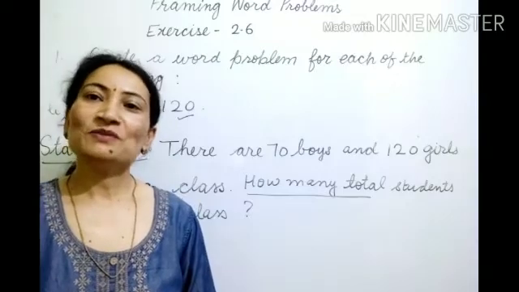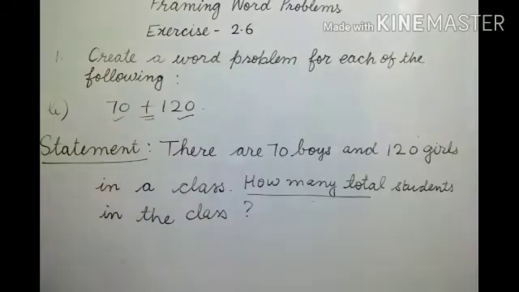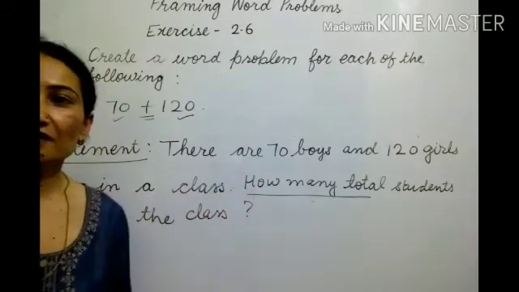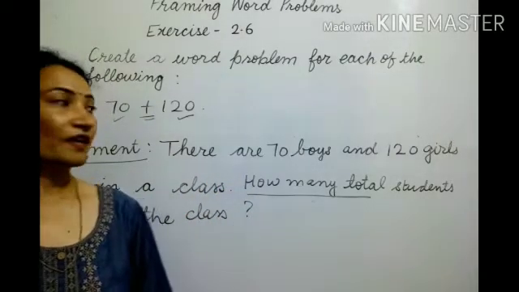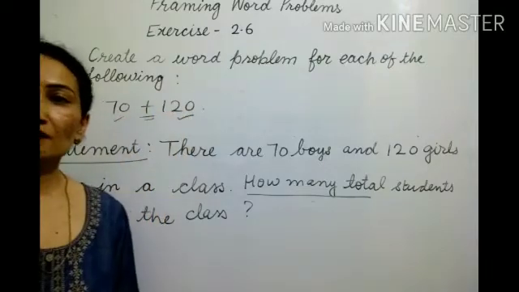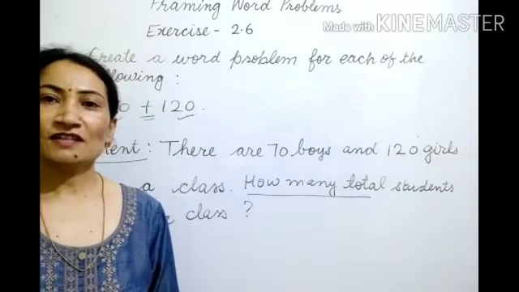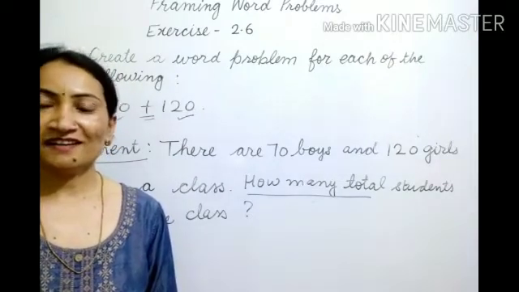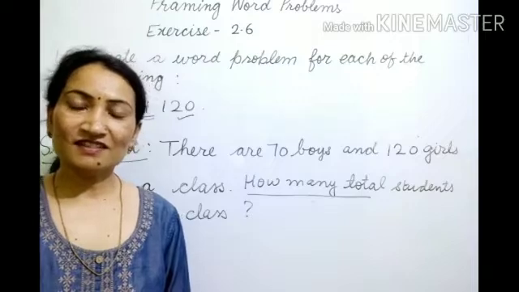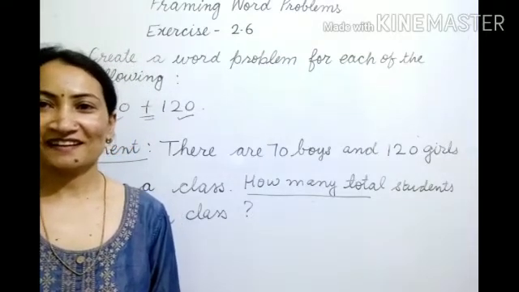So, we use these words for addition symbol, and we write a statement like this as I told you. You can take other numbers in place of these. As C and D parts are given, you will do yourself. You will make yourself a statement, create, understand? Will you create? I hope that you will create.